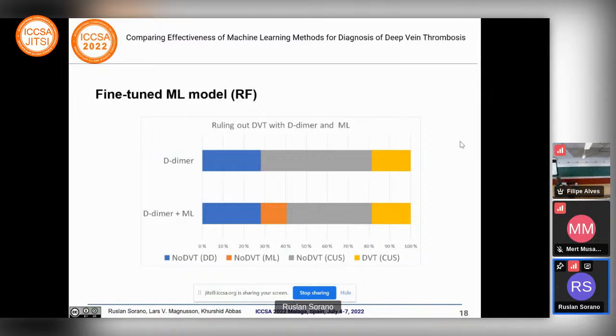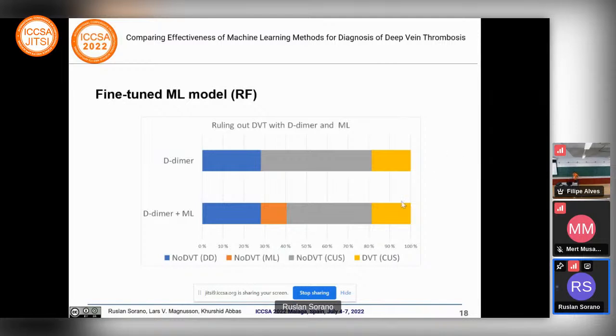All the patients who have 0.5 or less are considered negative for D-dimer and excluded from further examination. Those who have 0.5 and more have to go through expensive ultrasound or CT or MRI examination, and that's usually a big waste of resources.